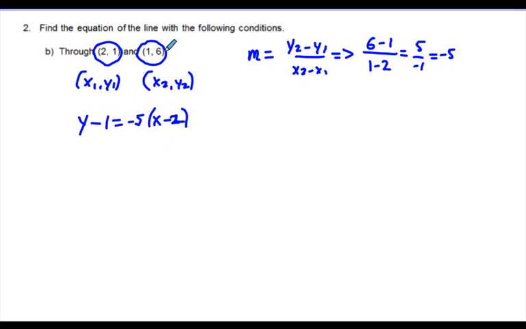If we use 1, 6, we would write that as y minus 6 equals negative 5 times quantity x minus 1. And if we simplify these out and solve for y, you'll be able to see that these are really the same equation.